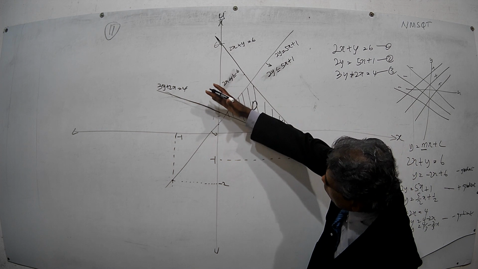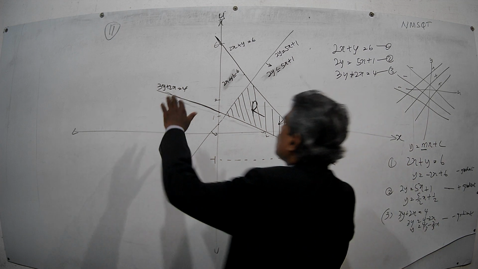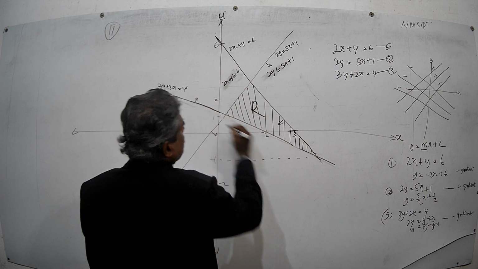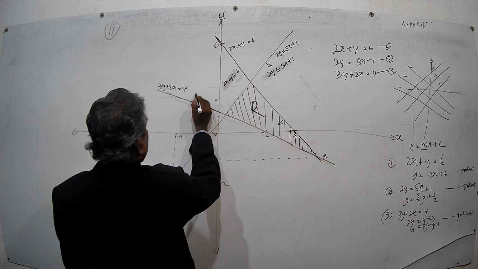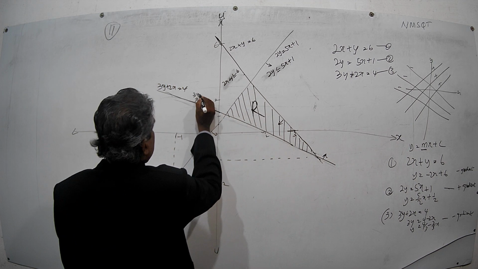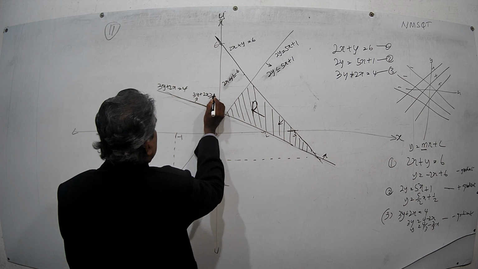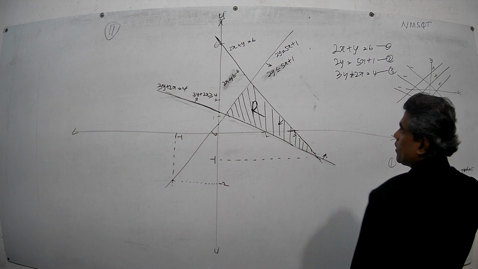Therefore the inequality region must be above the line. Above the line, y more. Therefore you write 3y plus 2x more than or equal to 4. Here is the inequality region.